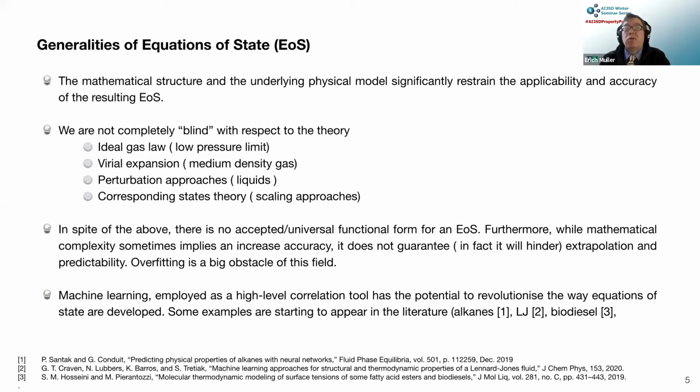And of course, the larger complexity, or the larger number of parameters we use, can sometimes imply an increase of accuracy. But in fact, this excess in accuracy starts hindering the extrapolation and predictability of the model. So in other words, we're basically overfitting the problem, and overfitting is a big obstacle, because it's not trivial to understand where this overfitting is.